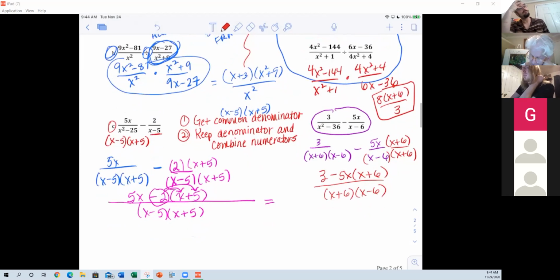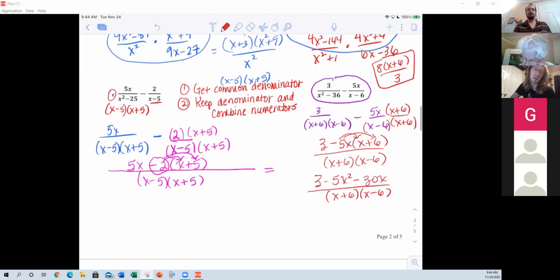And then that will distribute to 3 minus 5x squared minus 30x over x plus 6, x minus 6. And then we can write it in descending order of powers of x as negative 5x squared minus 30x plus 3.